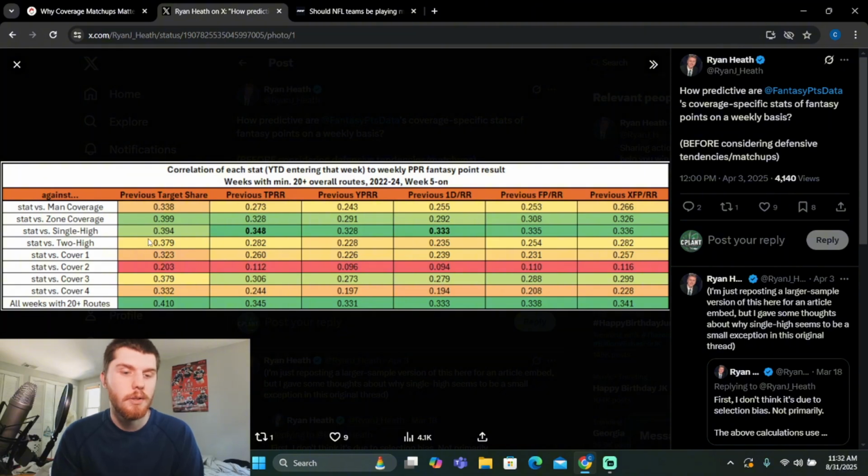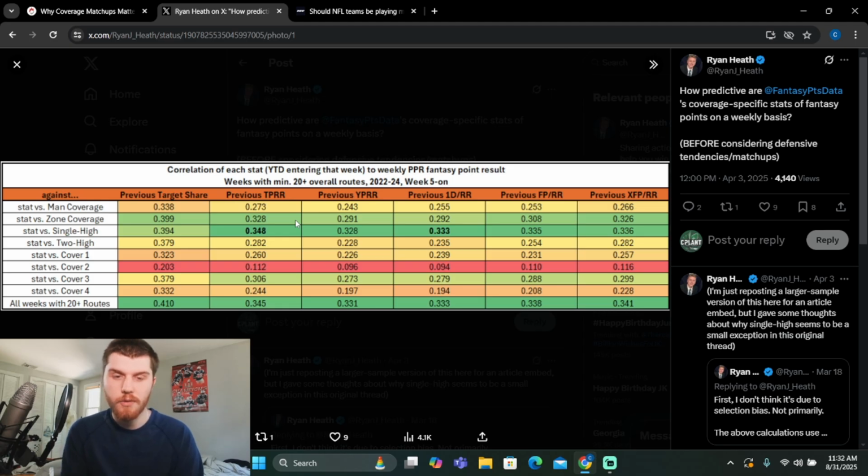So your targets per route run versus zone coverage, let's say for Davante Adams, I'm assuming it's his targets per route run versus zone coverage for the first 5 weeks, and then for the first 6 weeks. Then it's 7 weeks, then 8 weeks, then 9, and that's just to predict the following week.